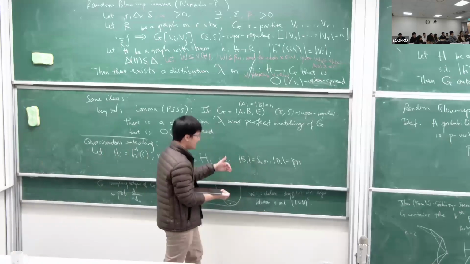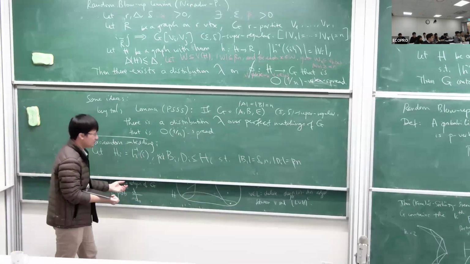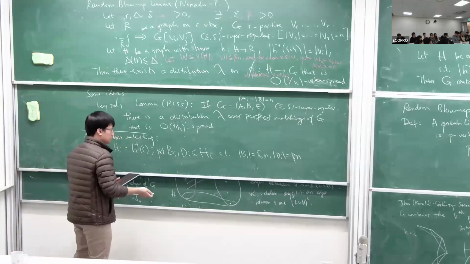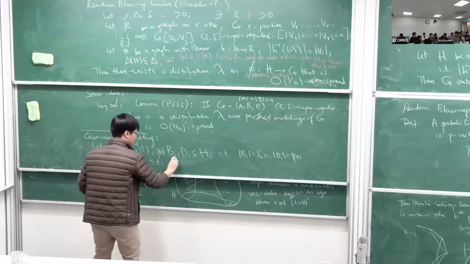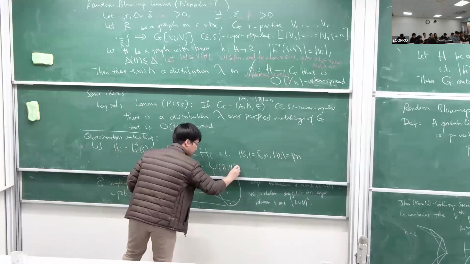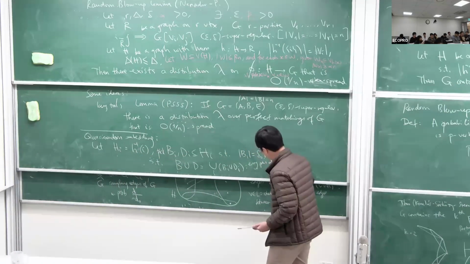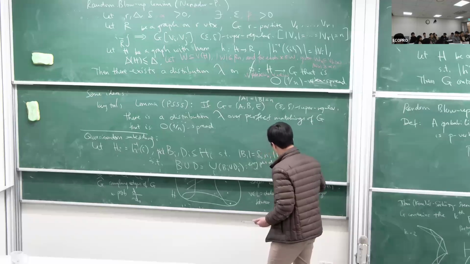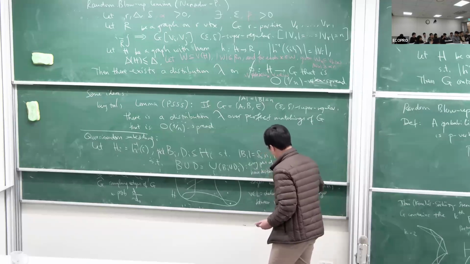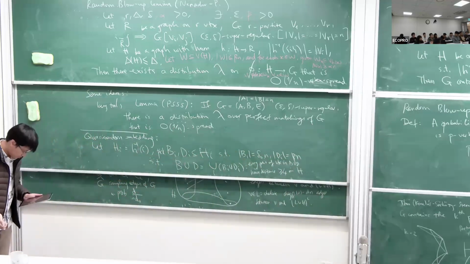I guarantee you that there's an appropriate order in which the small constants can be chosen so that everything fits together, but let's not keep track closely of how the constants behave. We will guarantee that for B union D, which is the union over all i of B_i union D_i, every pair of vertices in it has distance at least 4 in the graph H. And because H has bounded degree, this you can easily do.